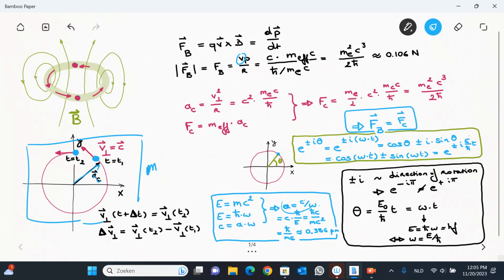Okay, the frequency, Planck-Einstein tells us, is the energy divided by h. The energy is equal to mc squared. We have that c here, that remains there. So we get that r is equal to h bar divided by the mass of the electron as a whole times c.